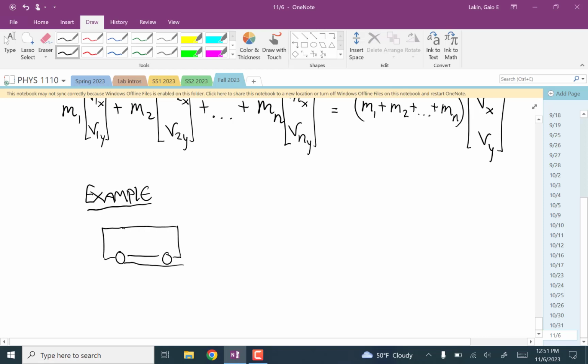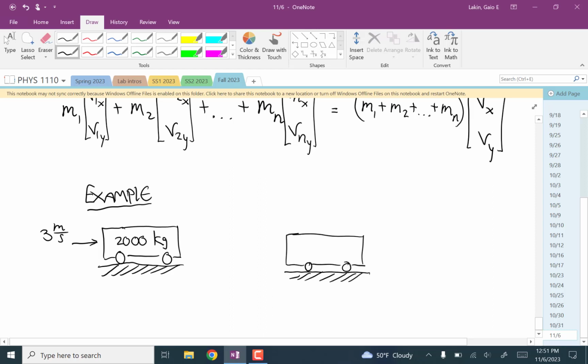Let's say we have a 2,000 kilogram object that initially is rolling at 3 meters per second, and a 4,000 kilogram object that's initially at rest.